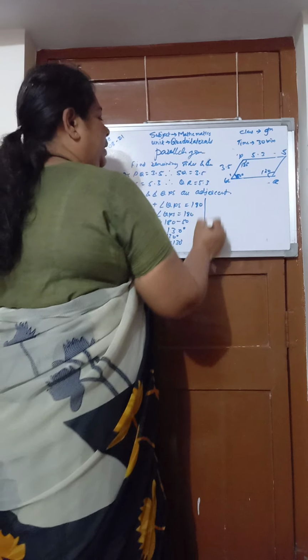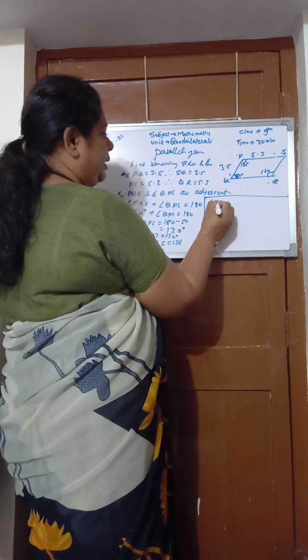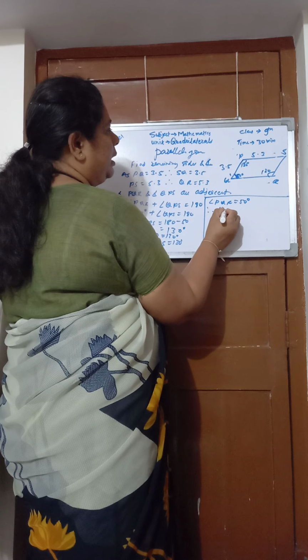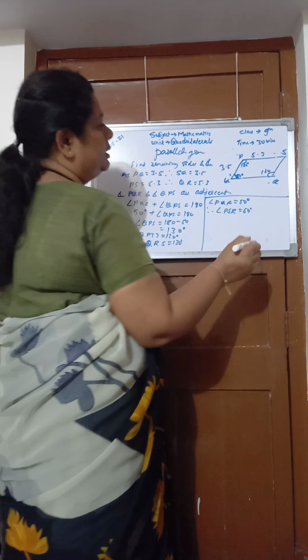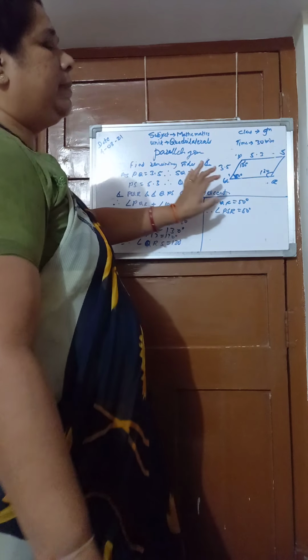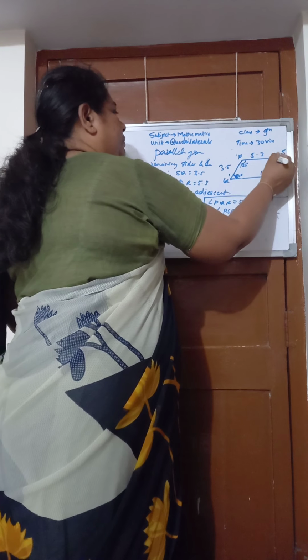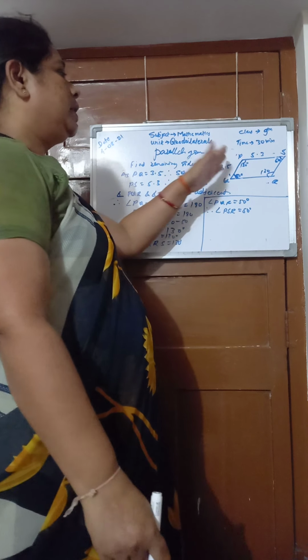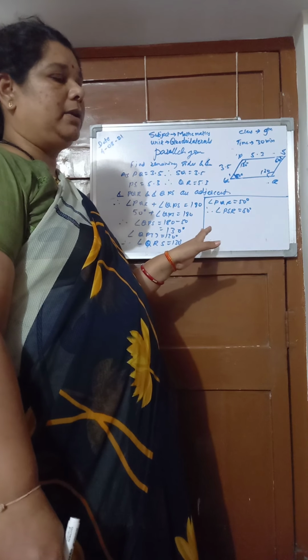Then angle PQR equal to 50 degree. Therefore, angle PSR equal to 50 degree also, by using property of the parallelogram, this angle equal to this and this angle equal to this. Hence, we have calculated sides of the parallelogram and remaining angles of the parallelogram.